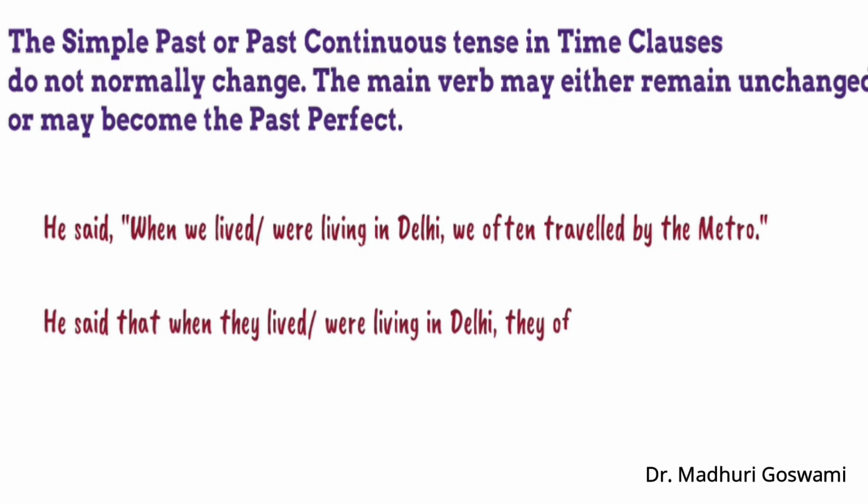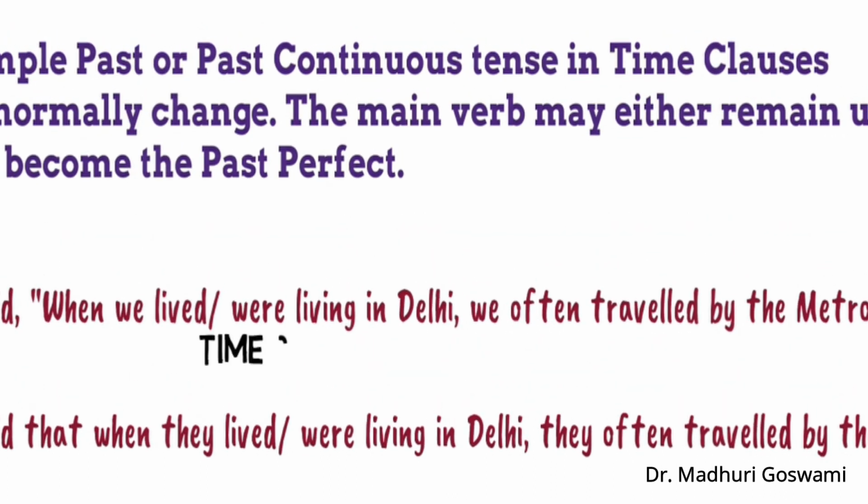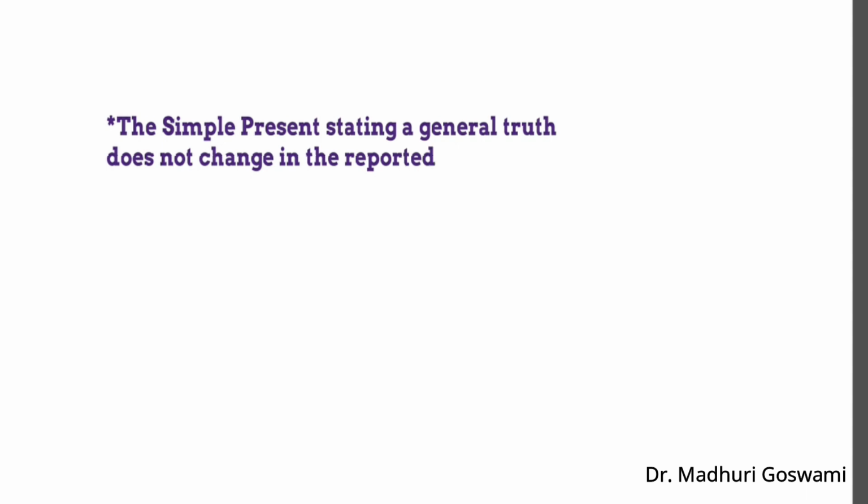The indirect speech of this sentence is, he said that when they lived or were living in Delhi, they often traveled by the metro.